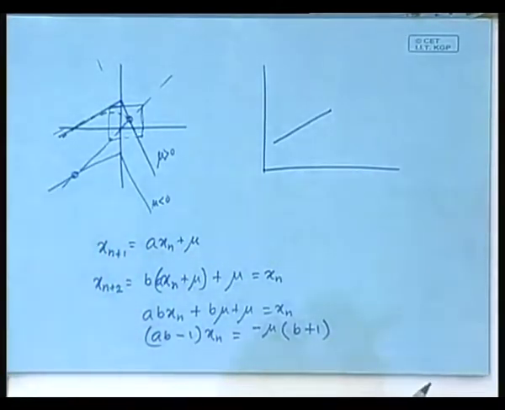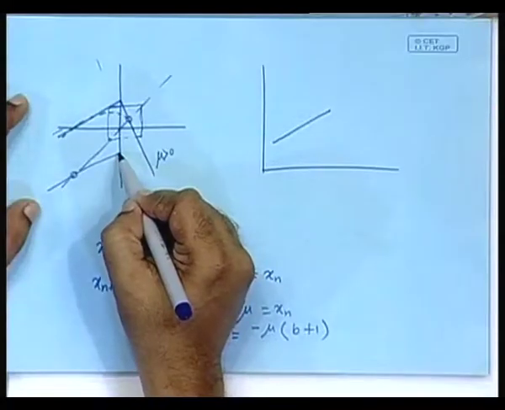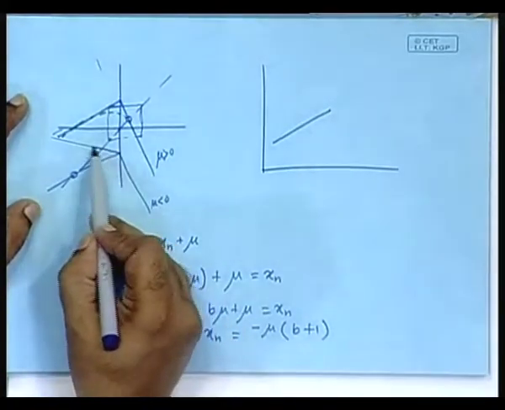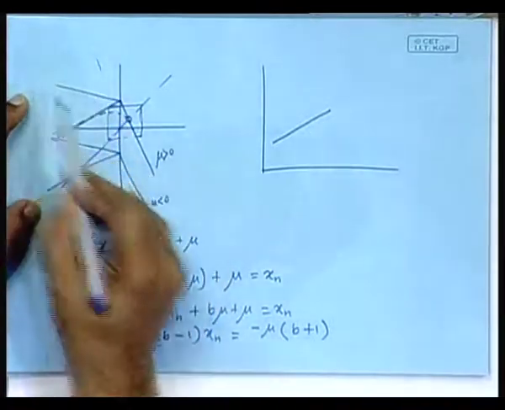If a is between 0 and minus 1, then the graph will look like this, right. That means, in this case it is like this, in this case it will be like this.